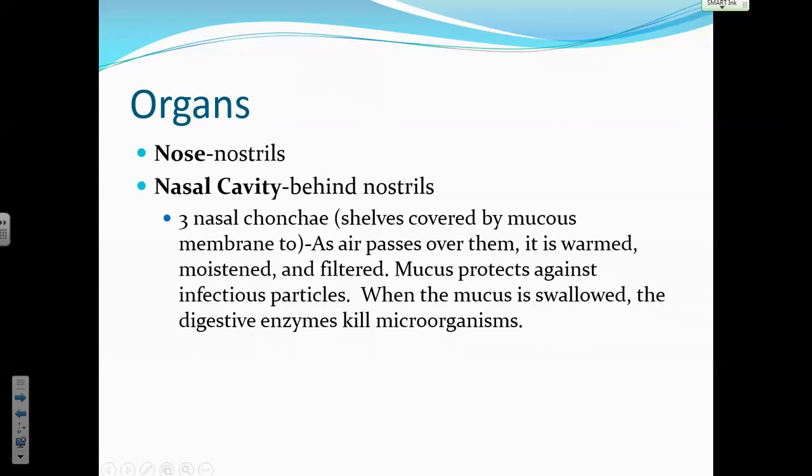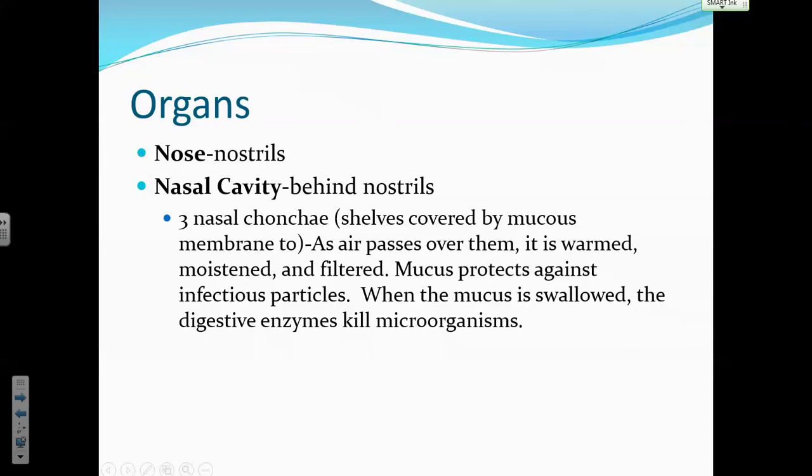In A&P 1, when you studied the skull and you looked into the nasal area of the skull, do you recall there were three shelves that came laterally towards the middle part? They're called nasal conchae. The upper one is part of the ethmoid bone. The other two are parts of the maxilla bone.